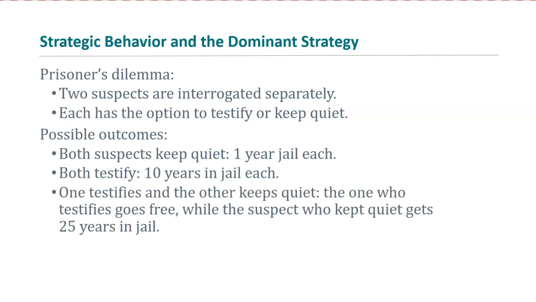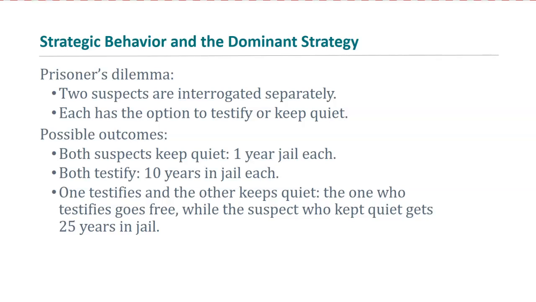If one testifies and the other keeps quiet, so if I decide not to talk but my buddy does rat on me, then the one who testifies goes free, as a deal to get you to talk, while the suspect who kept quiet gets 25 years in jail because you got told on. So this is how the game works. This is the prisoner's dilemma.